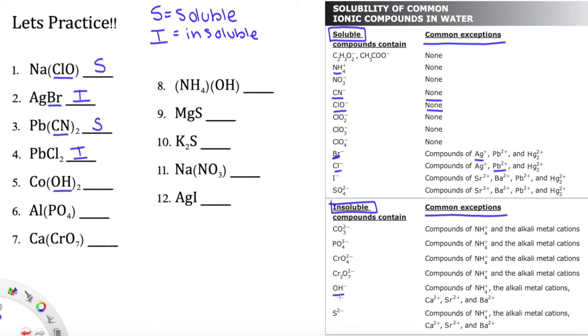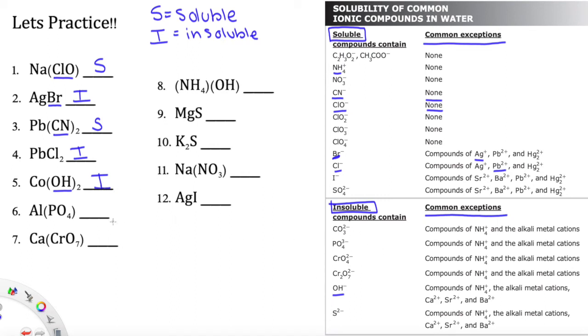And if you have your periodic table out, which I definitely recommend that you should have out while we're doing this, because we need to know whether this metal is an alkali metal or not. Cobalt just happens to be a transition metal, so it's not an alkali metal. And so this compound doesn't meet any of the exceptions, which means it's going to be insoluble. Okay, because it's at the bottom, and we assume these are insoluble unless they meet an exception.